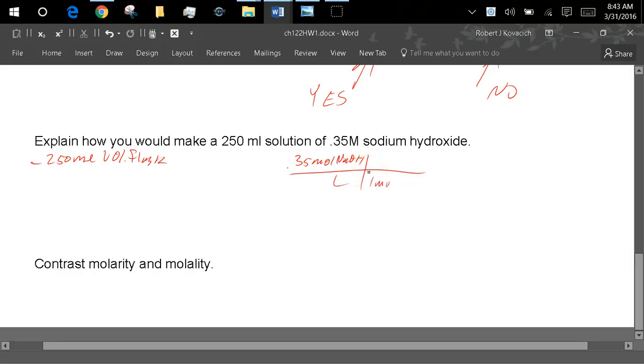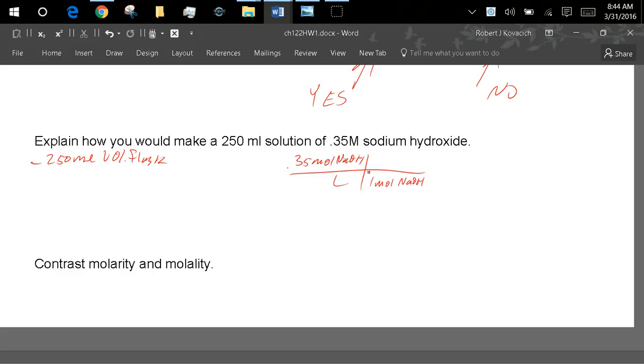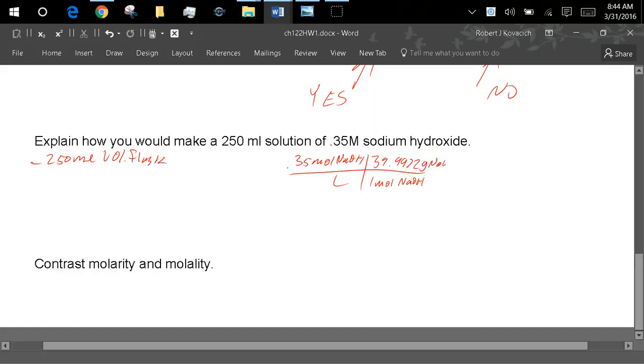And for every 1 mole NaOH, we've got 22.9898 plus 15.9994 plus 1.00795, which is 39.9972 grams NaOH.